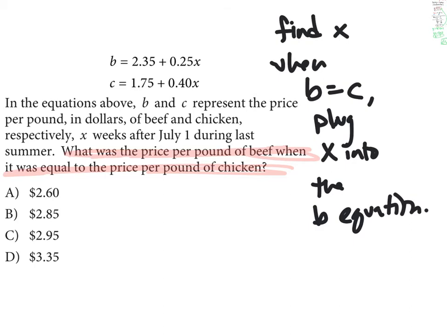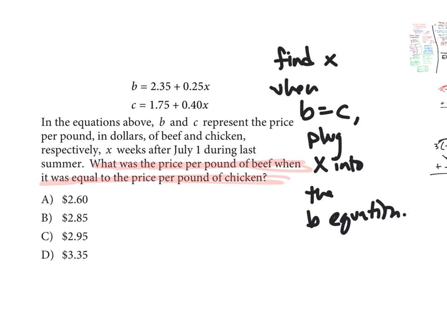Therefore, what I have here is a system of equations. Now, the beautiful thing about this is that we find X when B equals C. So I'm going to do substitution here, take 2.35 plus 0.25x and plug it into here, and basically just set those two expressions equal to each other.